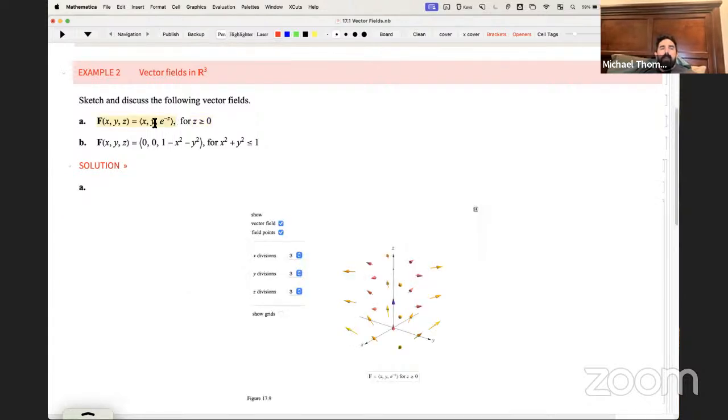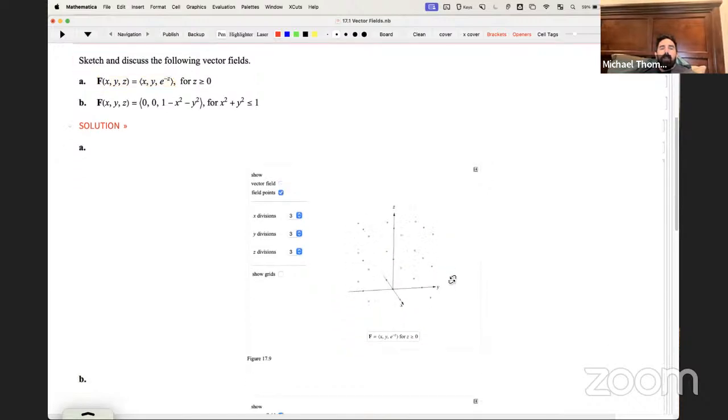Because there's 3 dimensions to work with here, it's a little harder to try and think or visualize what these are. However, I have a little technique to kind of help you out here. So first of all, here's the field. Here's a representative sample of field points you might want to try, something like this.